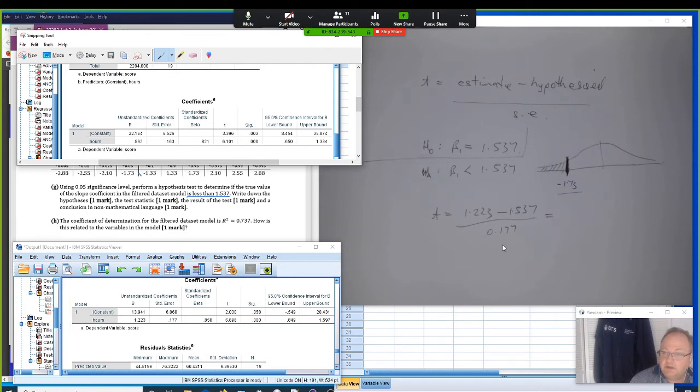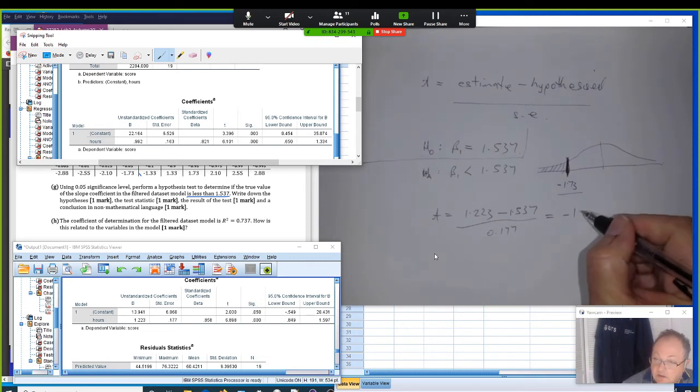What's this computation here? Yep, minus 1.774.